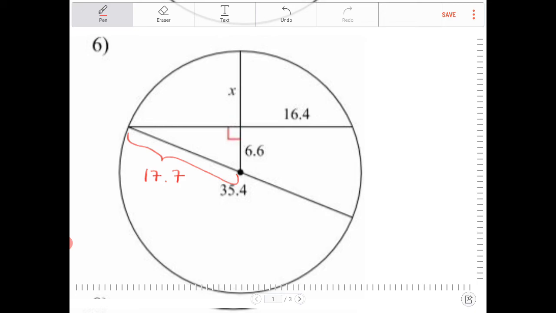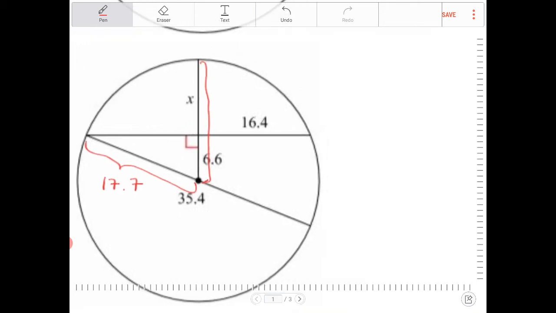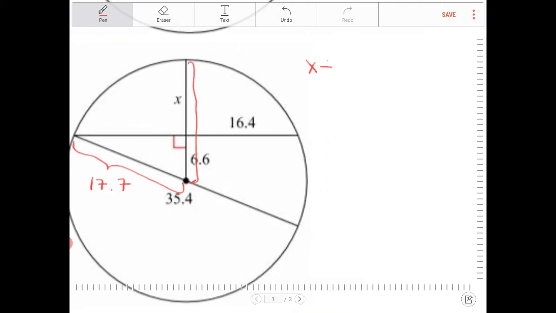Right. So if that's 17.7, then I can figure out what x is, because think about it. The full length is the radius. X plus 6.6 is equal to the radius, which is 17.7. So if I subtract both sides by 6.6, x will end up being 11.1.